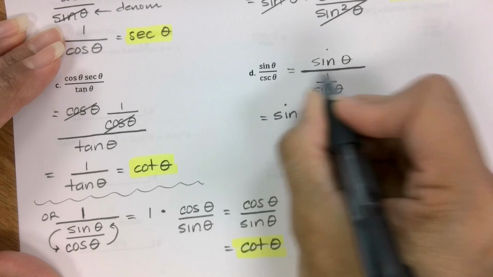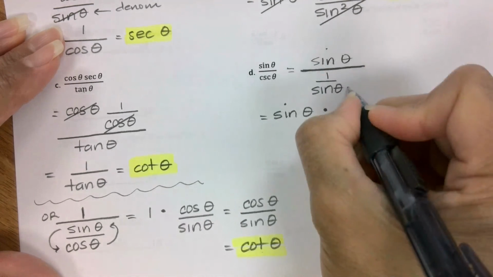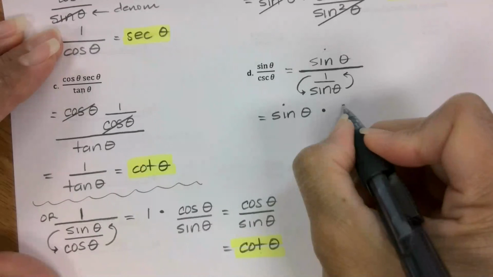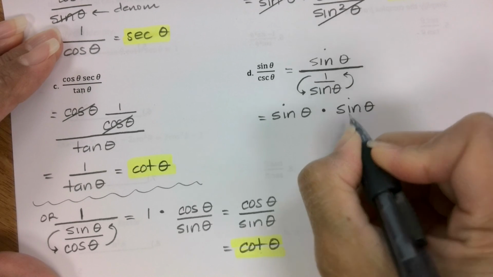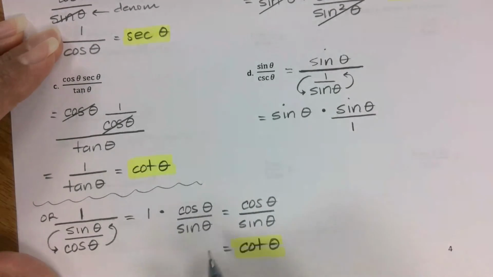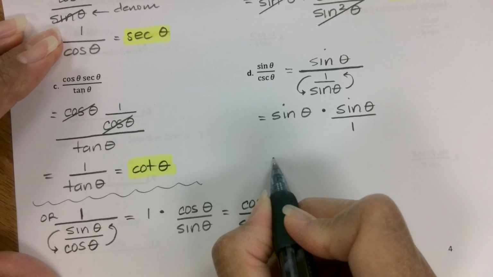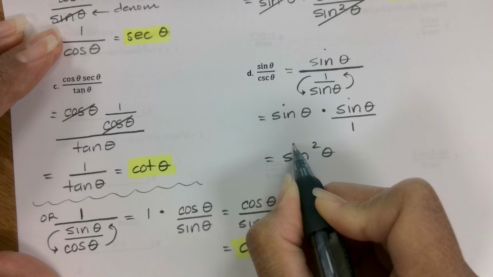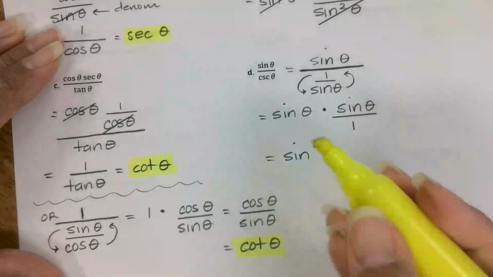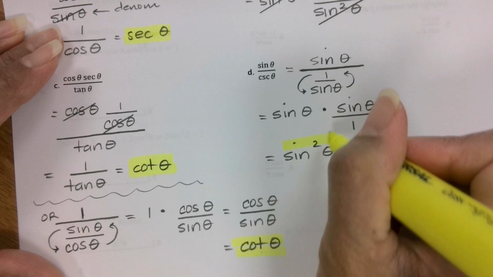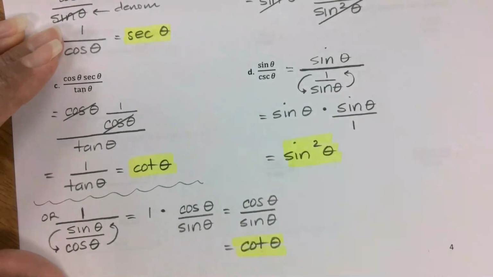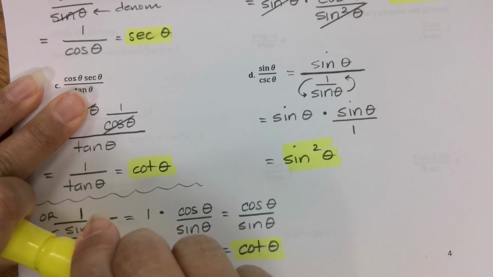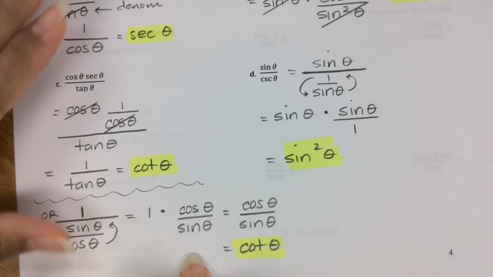Then my dark division symbol turns into multiplication. And I remind myself with these arrows that I need to flip. Get the reciprocal. And this times this is merely sine squared theta. And that is also a single trig function. And I have arrived at simplifying the complex fraction sine over cosecant.